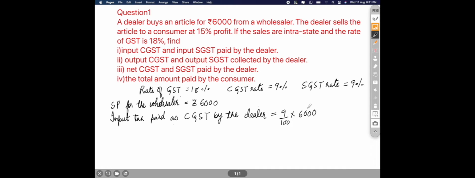So this is equal to, if you cancel and evaluate, this will come to rupees 540.